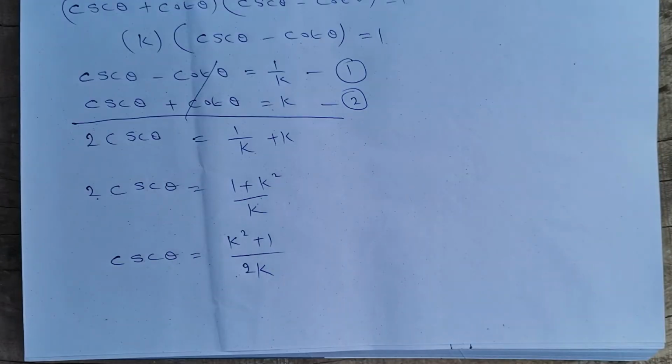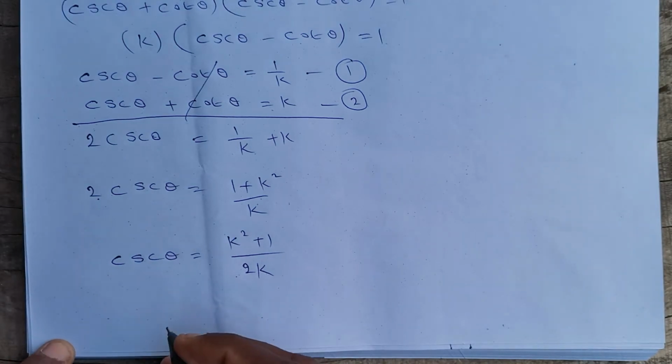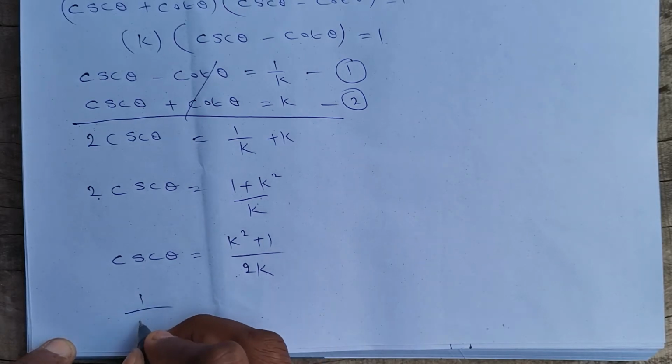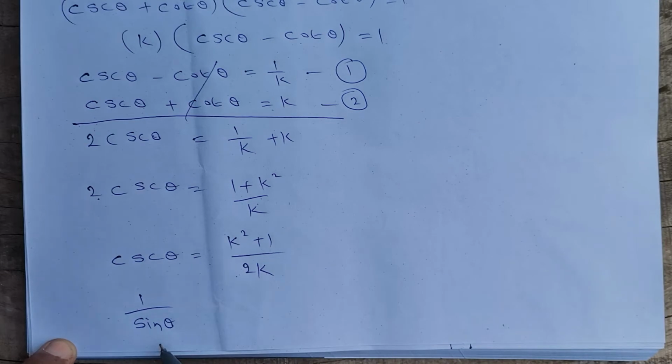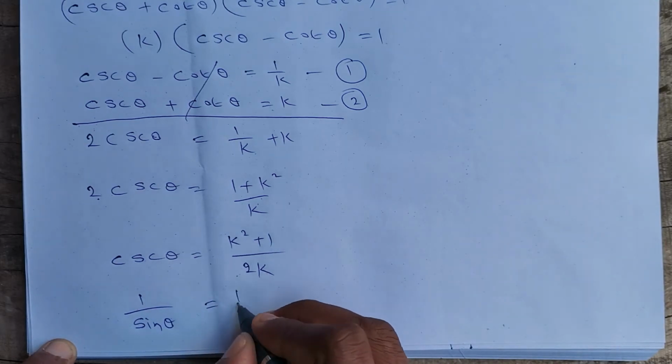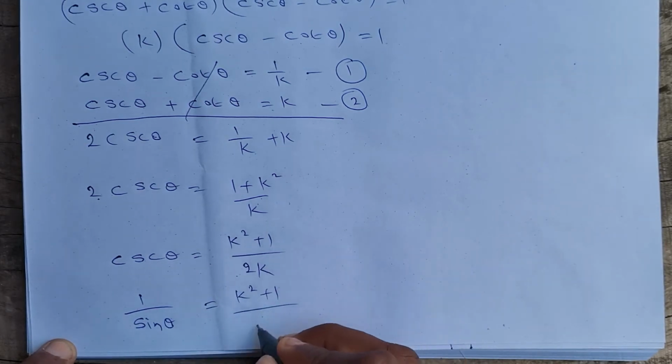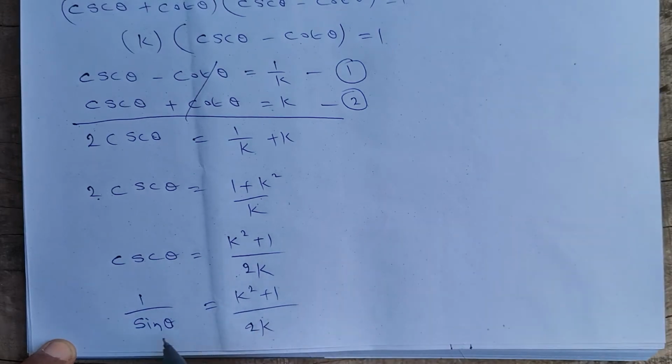Now cosecant theta and sin theta are reciprocals of each other, so that's why I am writing cosecant theta as 1 by sin theta. Cosecant theta is exactly equal to 1 by sin theta is equal to RHS as it is, k square plus 1 divided by 2k.